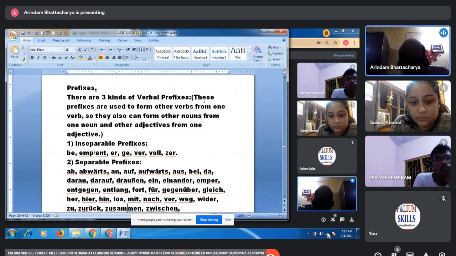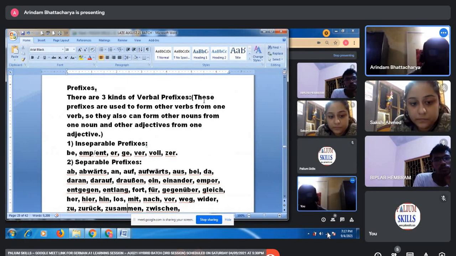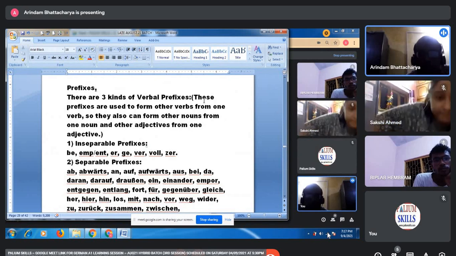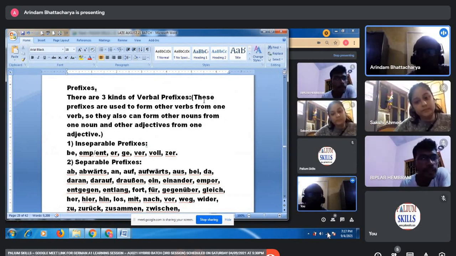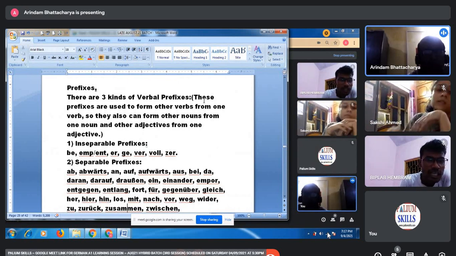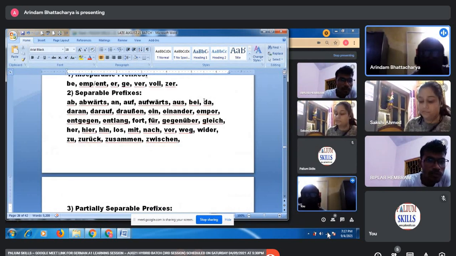Verstanden? Have you understood that? Yes, yes. So, if we have done the inseparable prefixes be, ent, emp, er, ge, ver, zer, now we will do the separable prefixes. What are the separable prefixes?